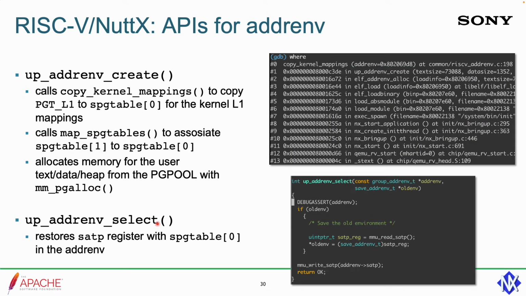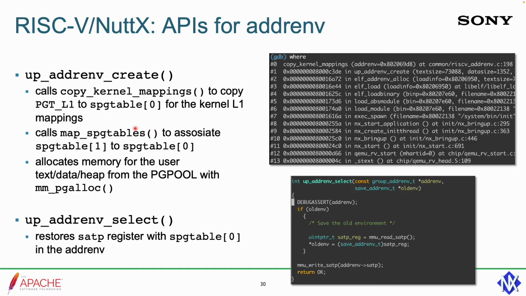And when creating a user application, up_addrenv_create is called. In RISC-V NuttX, this API calls copy_kernel_mapping to copy PGT L1 to spgtable 0 for the kernel area mappings.